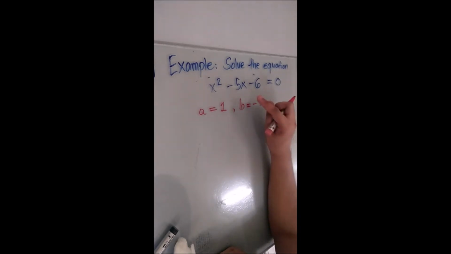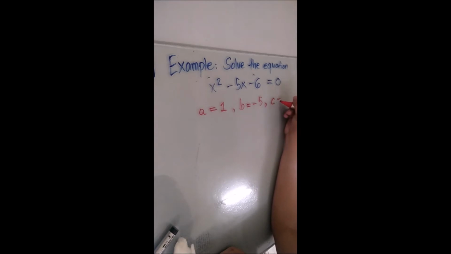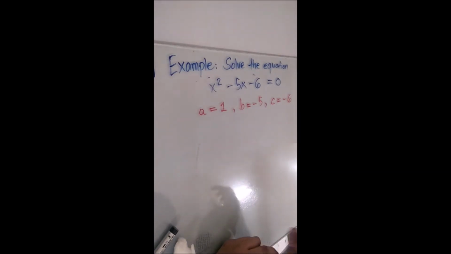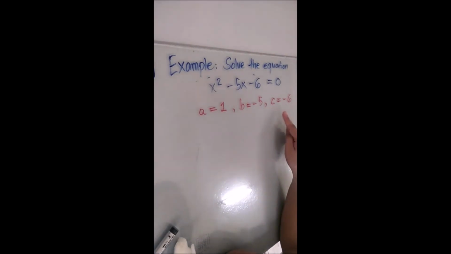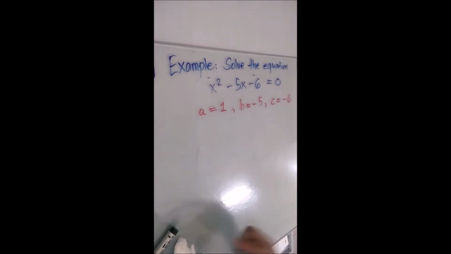Never forget the sign. And c is negative 6. So first, identify the coefficients: a is 1, b is negative 5, and c is negative 6.